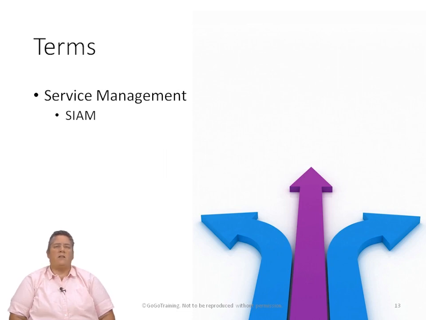There's a new framework out, called SIAM, which is Service Integration and Management, and it's about the capabilities and set of practices that will enable an organization to manage multiple service providers consistently and efficiently so that the goods and services that are provided meet customer needs. Now, this is interesting because it's pretty much an operationalization of that value network. How do you make sure that you manage all the various suppliers in that supply chain? So SIAM has its own set of principles, it's its own framework, and it's well worth looking at.